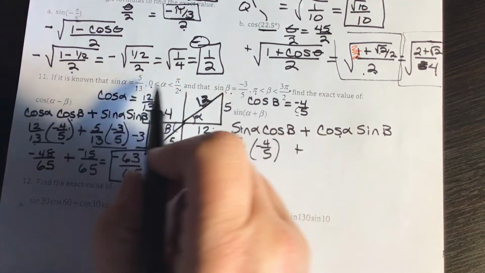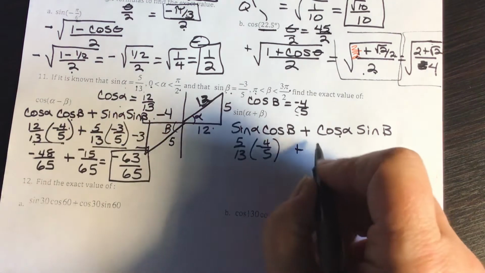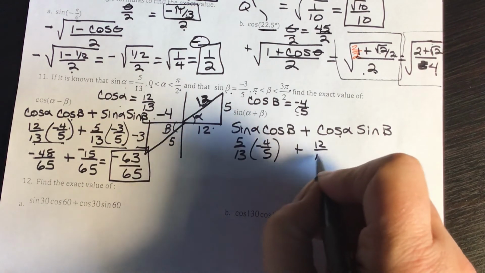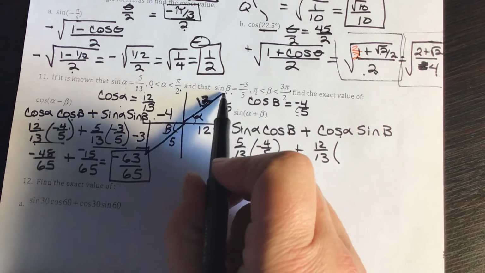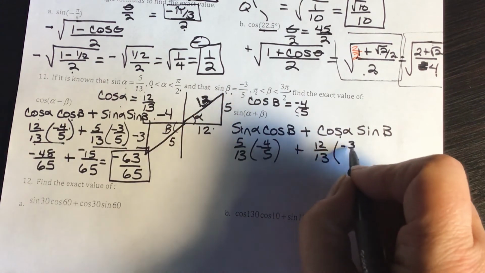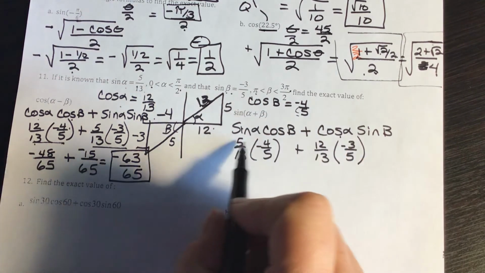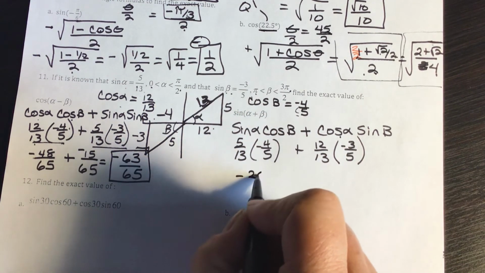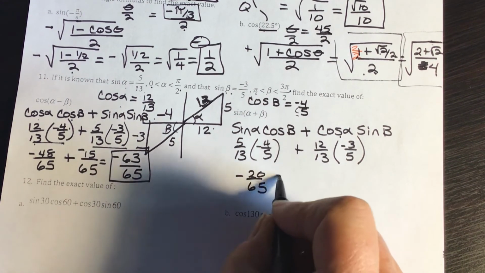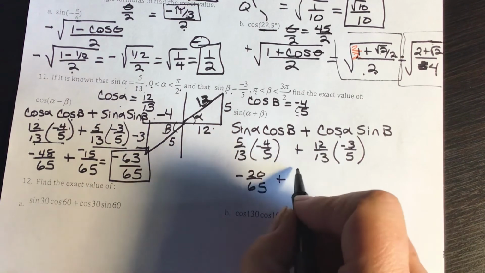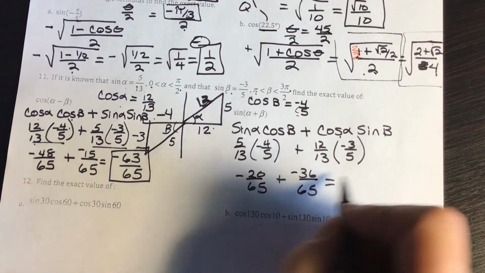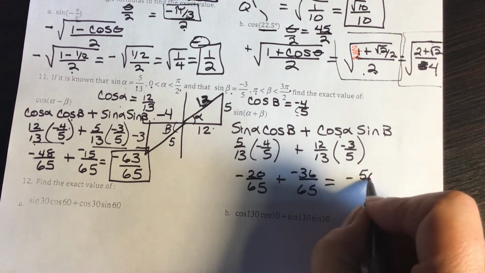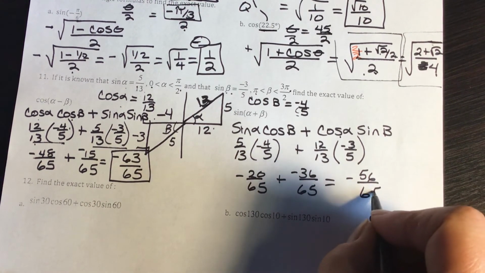Plus cosine A, 12 over 13. Times sine B, and that's negative 3/5. 5 times 4, that's negative 20 over 65. This is negative 36 over 65. Add these together, I get negative 56 over 65.